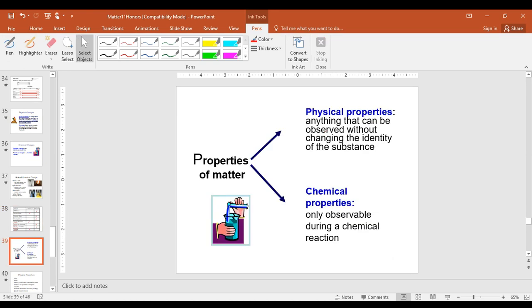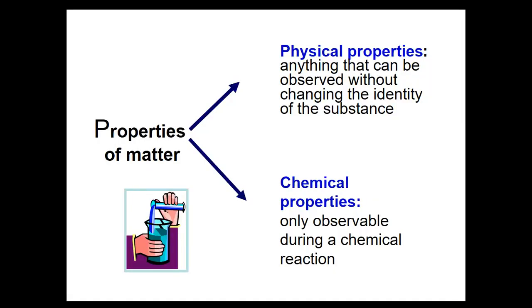Okay, so now we're going to go through some properties of matter, comparing chemical and physical properties. Physical properties would be something that we can observe without changing what we have. So if you can measure or detect a physical property without the possibility of it changing into something different, that's a physical property.